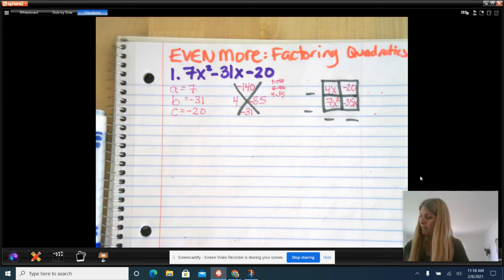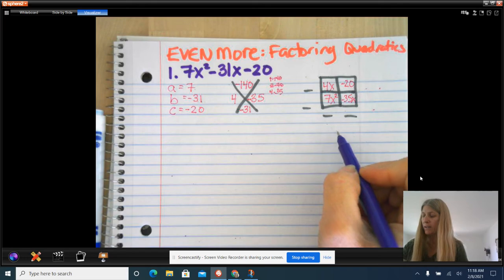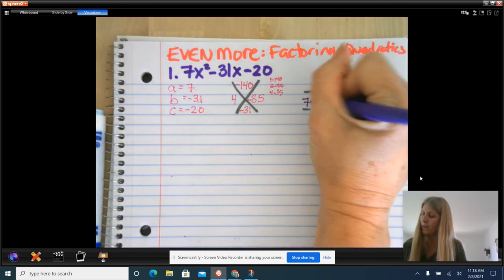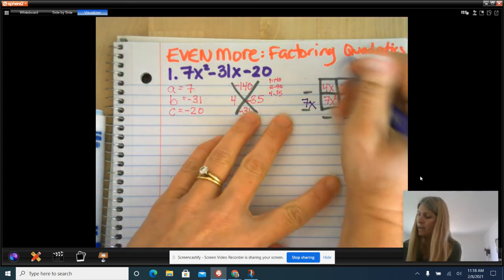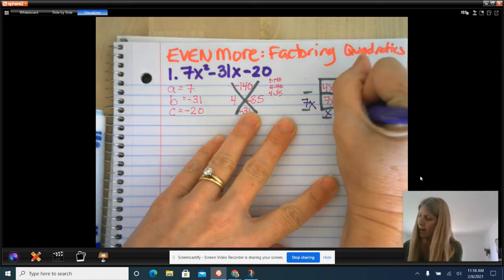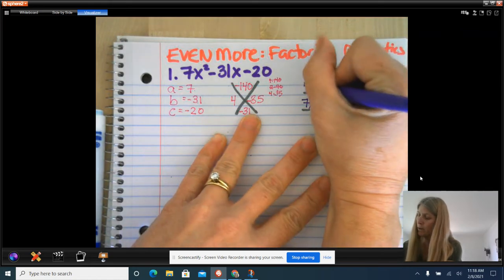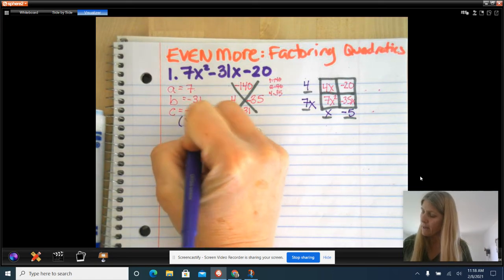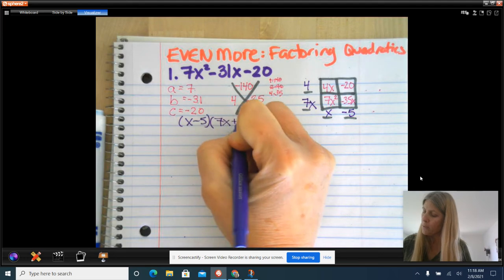So we have a 7 and a negative 35. 7 does go evenly, so I'm going to take 7 out, and I see there's 2 x's here and x here. At this point, I can find out my multiplication. So I know 7x times x is 7x squared. 7x times negative 5 is negative 35x, and x times 4 is 4x. So my product form is going to be x minus 5 times 7x plus 4.